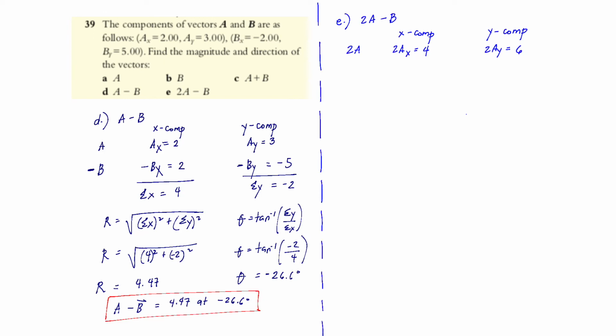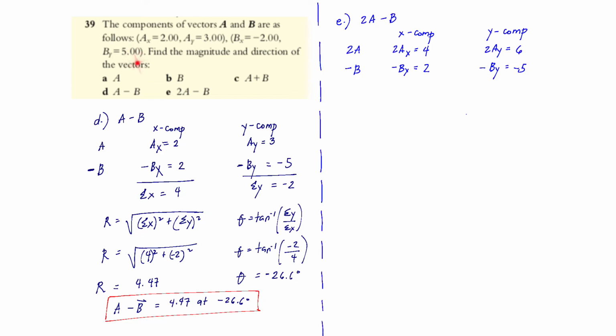Now how about the negative b? From here we're gonna have a negative bx, which is originally negative 2, so just reverse the sign. From negative, that would become positive 2, and then the negative by, we're gonna have negative 5.